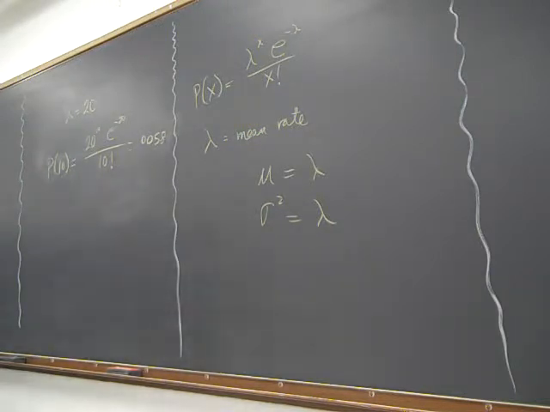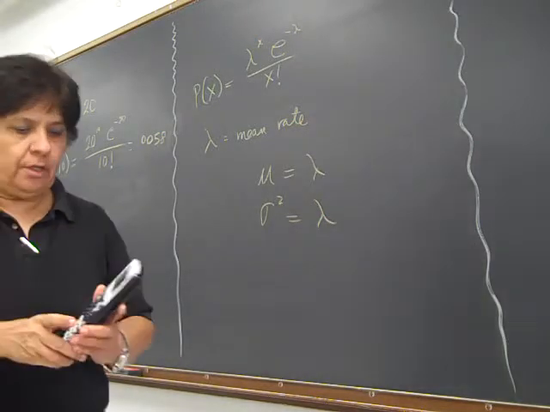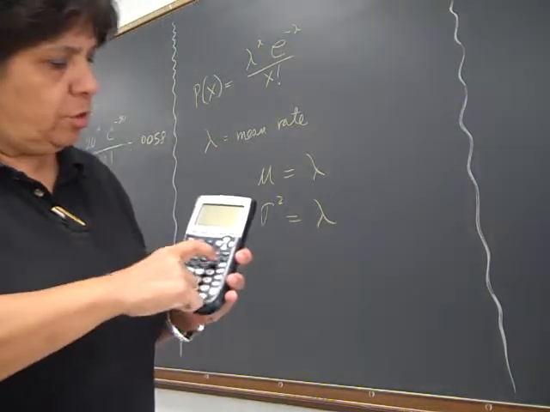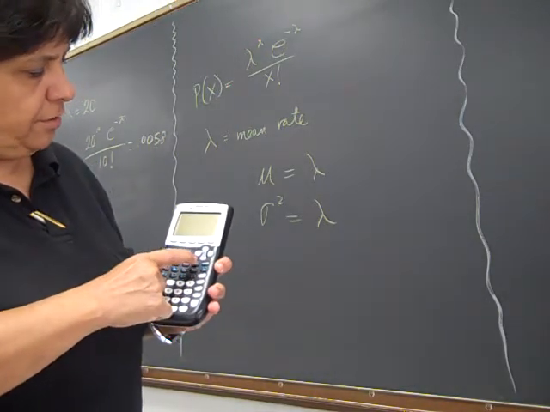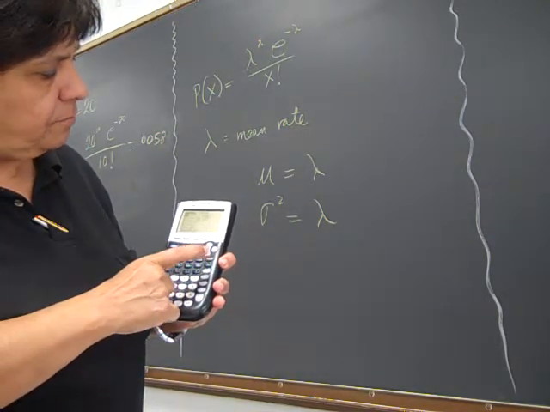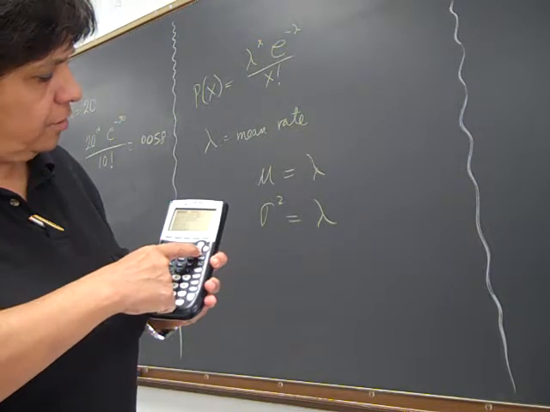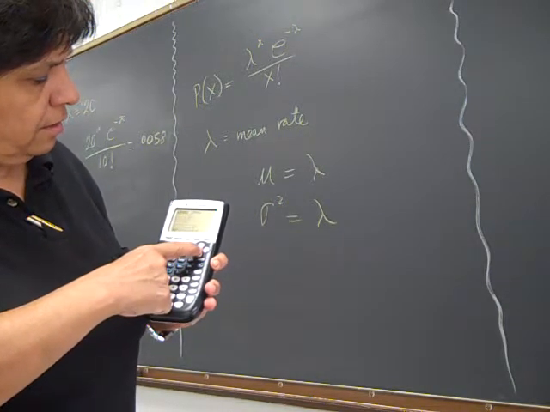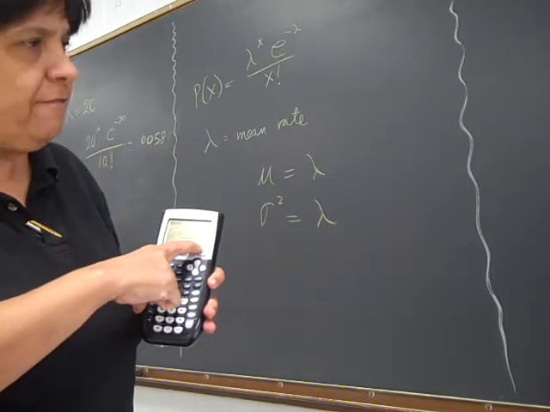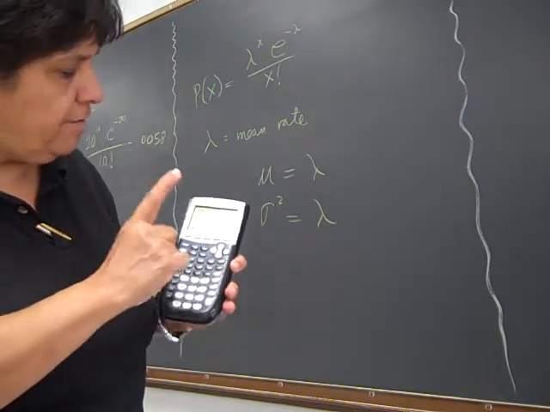For the TI-84, you need to go to distributions. So second, distributions. Go down until you find Poisson PDF. Be very careful, PDF.